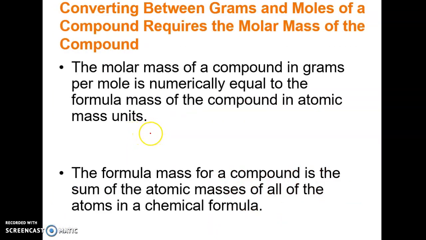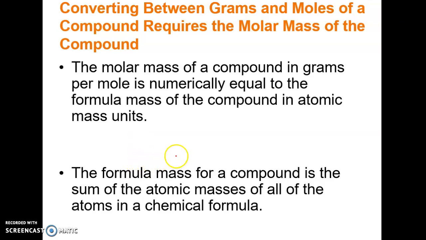So far we have been talking about just converting from grams to moles and moles to grams of an element on its own. But what if we were talking about the molar mass of a compound? The molar mass of a compound in grams per mole is numerically equal to the formula mass of the compound in atomic mass units.